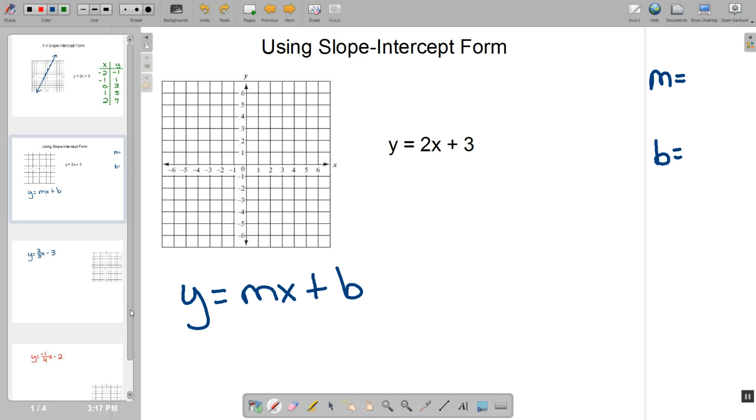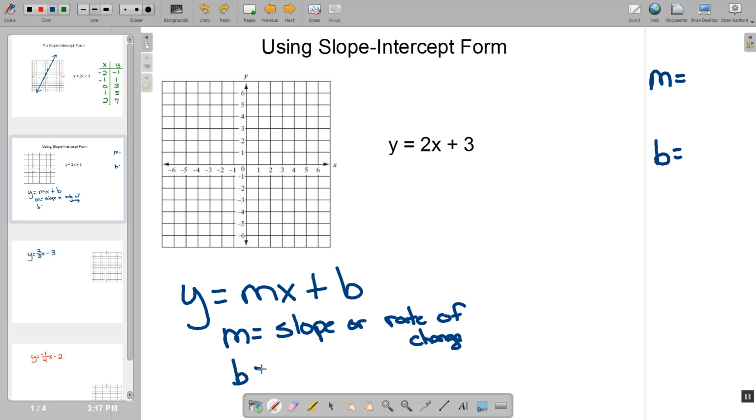But in the form y equals mx plus b, the y and the x are the two variables that we've been working with, and m and b are just numbers. M stands for the slope or rate of change. Once again, when we talk about slope, we're always thinking rise over run, same as we've always been doing.